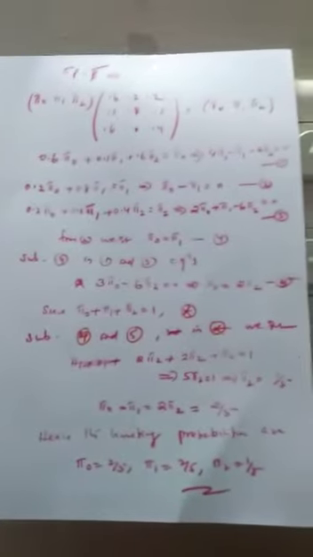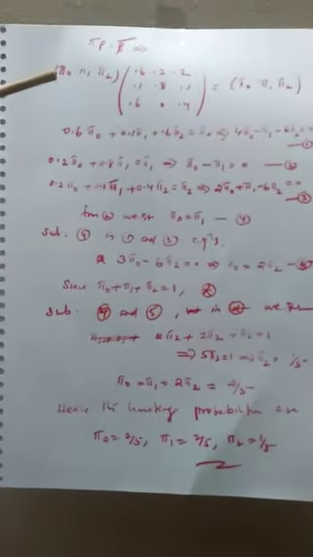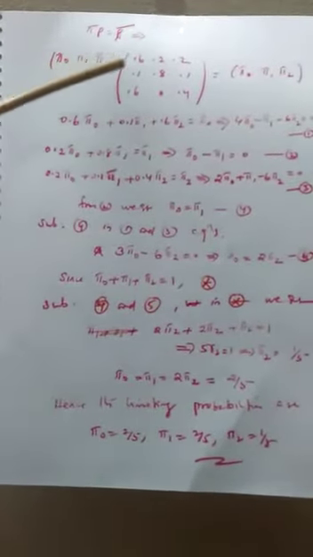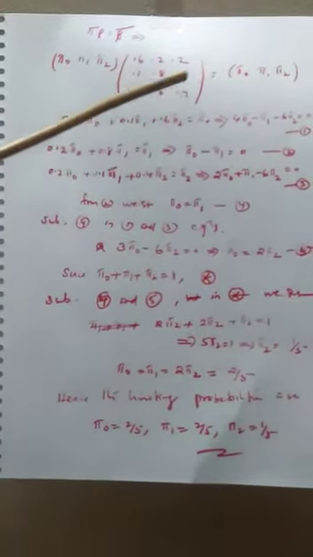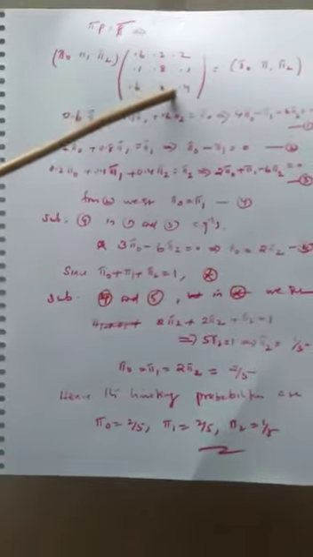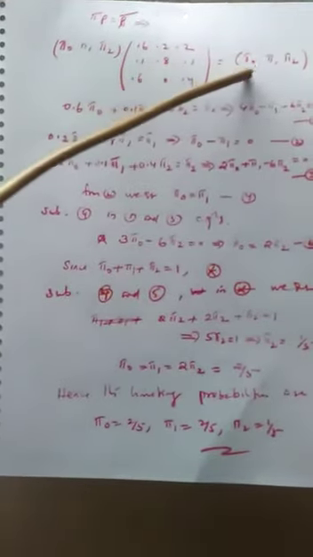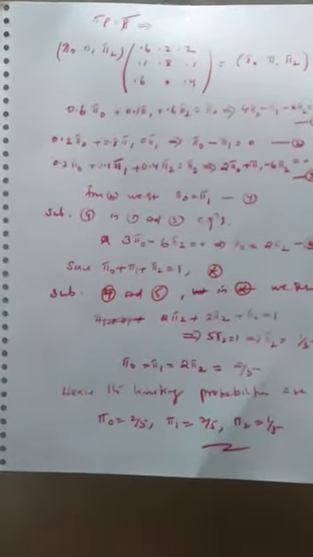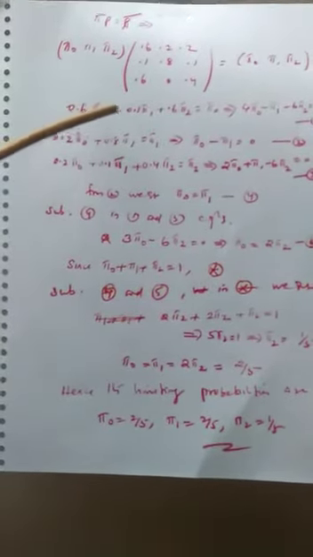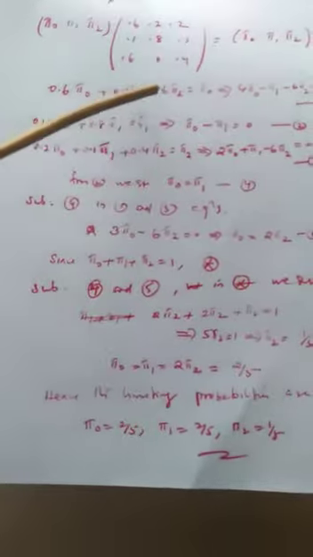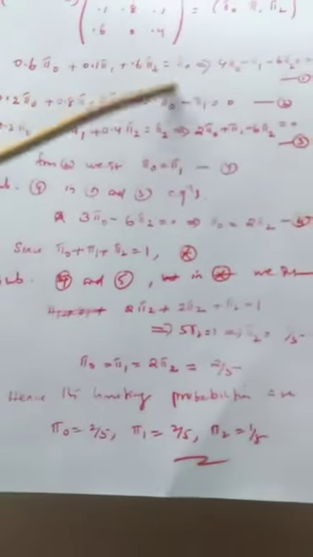Now the first equation, pi P equal to pi, that is, pi as pi naught, pi 1, pi 2, times P as 0.6, 0.2, 0.2, 0.1, 0.8, 0.1, 0.6, 0, 0.4, equal to pi naught, pi 1, pi 2. Multiplying this out, the first equation is 0.6 pi naught plus 0.1 pi 1 plus 0.6 pi 2 equal to pi naught.